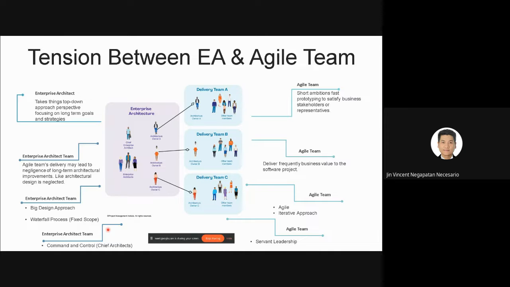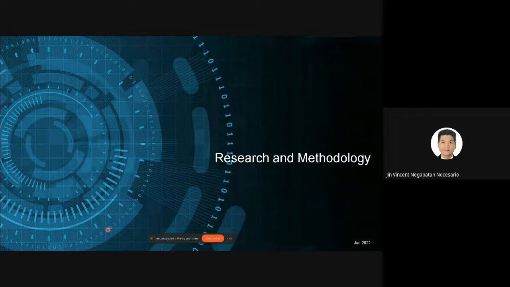Not unlike the agile team, they have this mindset of servant leadership, wherein you focus on the software development, and there are some roles within agile that will help you to achieve the goals of what you're doing. So between these tensions, we now have an idea of the differences between the enterprise architect and the agile team. We'll now move forward with the research of the case study.